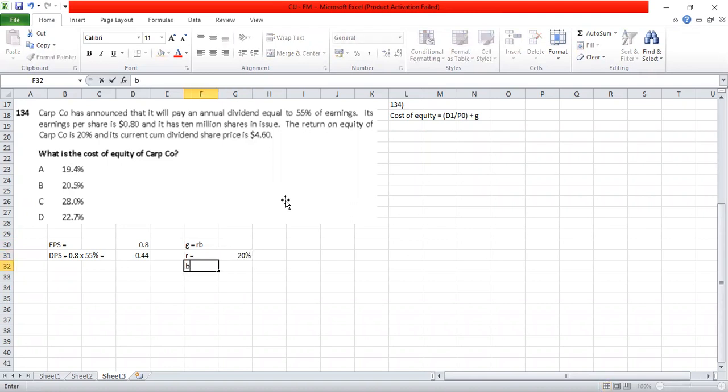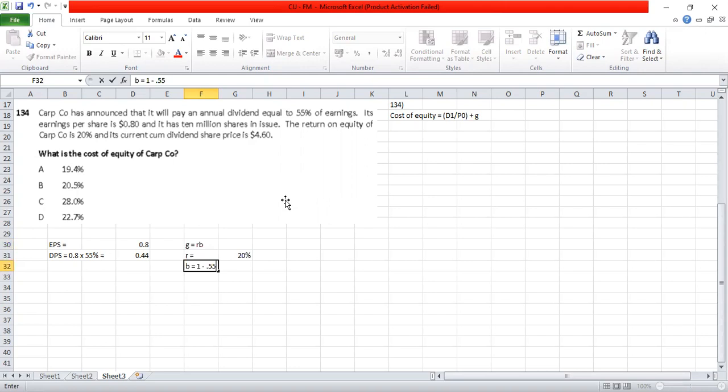B is equal to, they have announced to pay 55% as dividend. So how much is it that they're not paying? 1 minus 55%. So B is equal to 1 minus what they are paying. They are paying 55%. So what they are not paying is 1 minus 0.55, which is equal to 0.45.